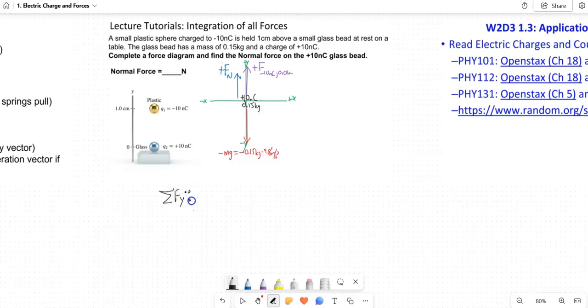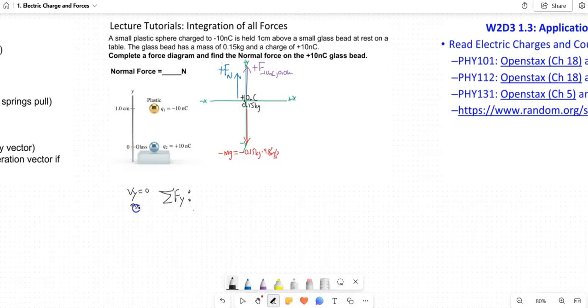Whenever I sum the forces in the y direction, in our case now, since we are introducing those other forces, I'm going to note the velocity. It's not moving in the y direction at that moment. And it is not accelerating at that moment, right? We're not sure if it's going to be accelerating upwards or not.